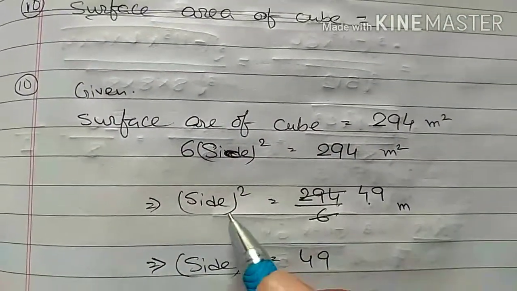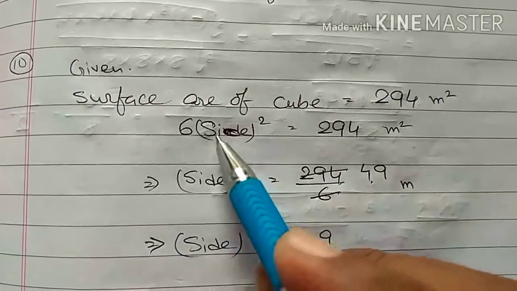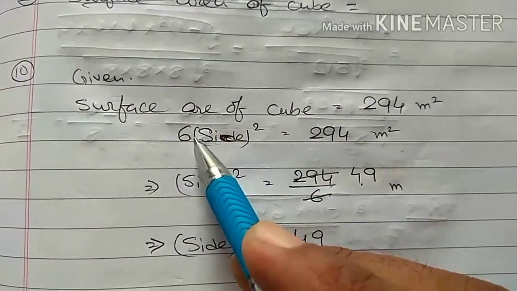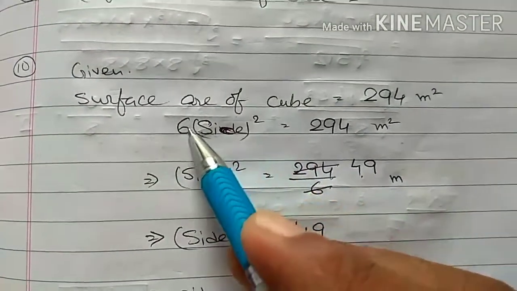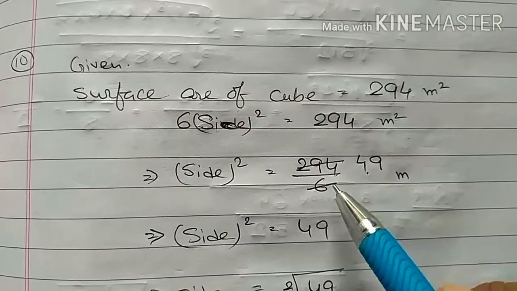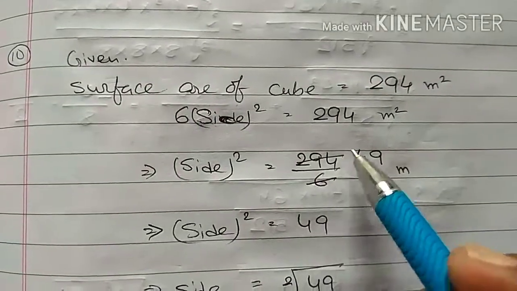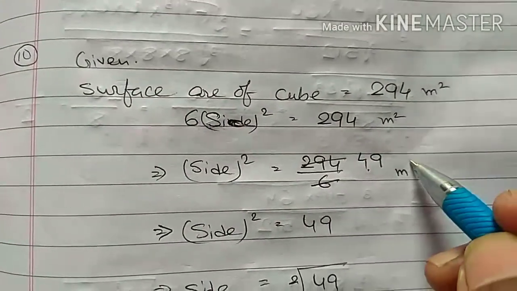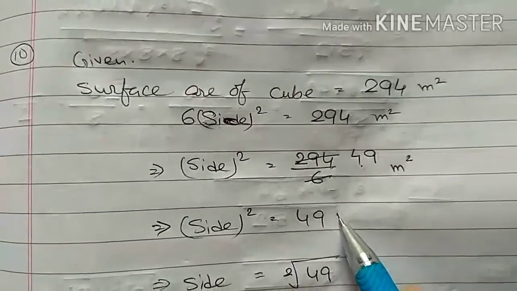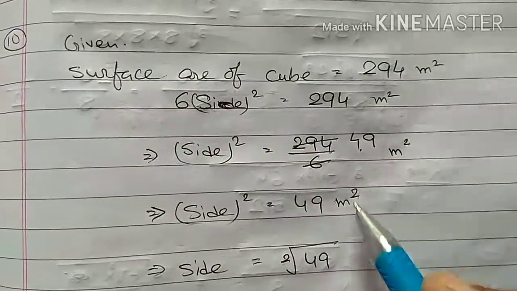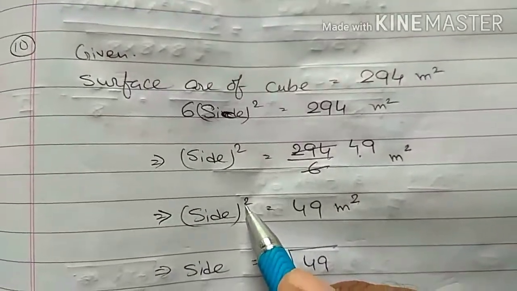So after dividing that by 6, because there is a sign of multiplication, if you want side square alone, the 6 goes to the denominator on the opposite side of the equal sign. After dividing, you will get 49 meter square. Now this one is also 49 meter square.